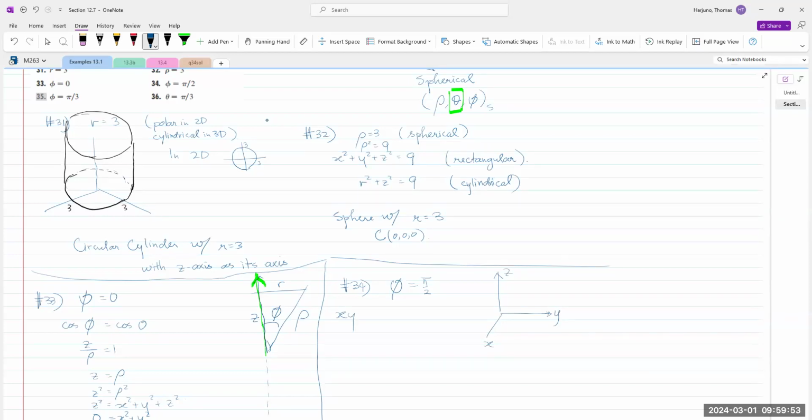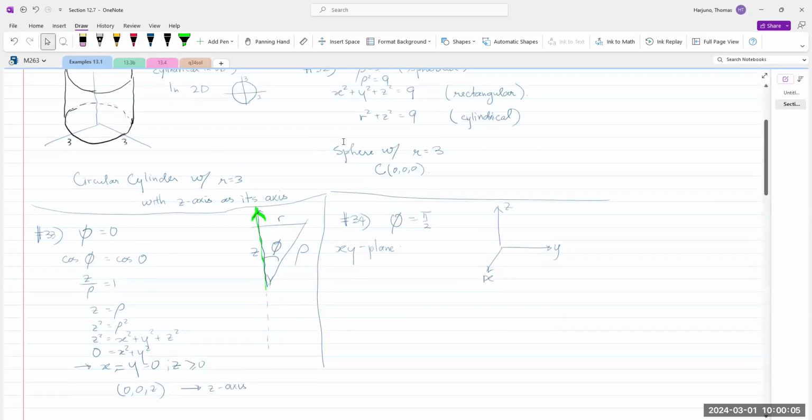Now the thing is, how do I show that algebraically or geometrically? I mean, this is geometrically. We know that it's the xy plane. But can we do it algebraically or trigonometrically? Okay, so cosine phi equals cosine pi over 2, that is z over rho equals 0, which means z equals 0, right?